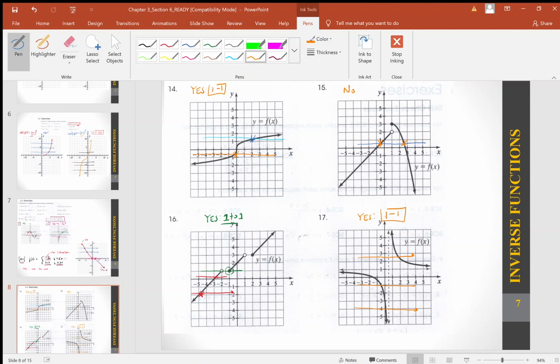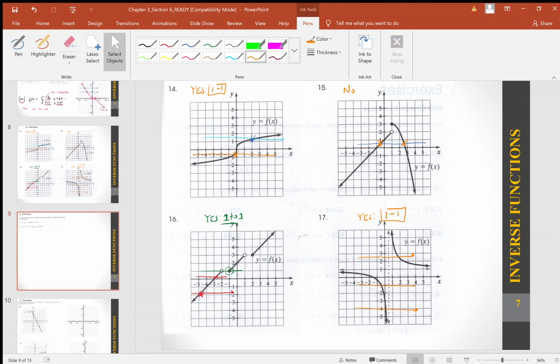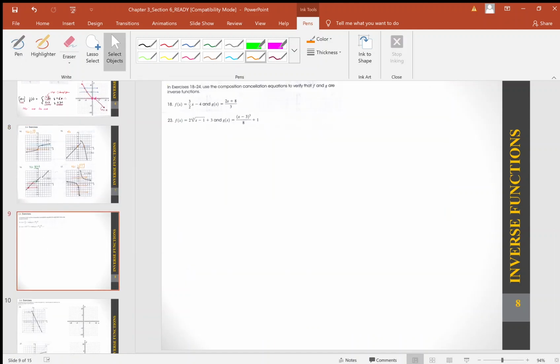Okay. So let's move on. Let's look at number 18. We're asked to use the composition cancellation equation to verify that f and g are inverse functions. Okay, so let me come up here and use a thinner marker.